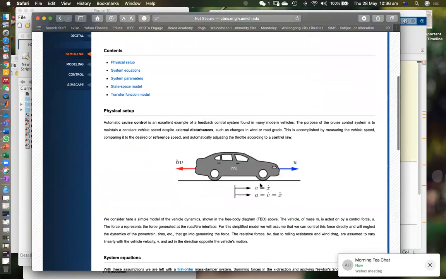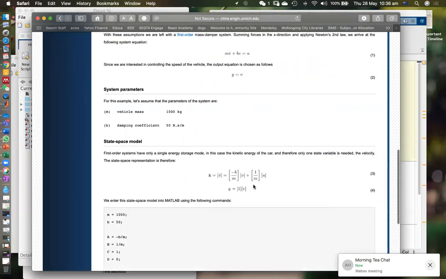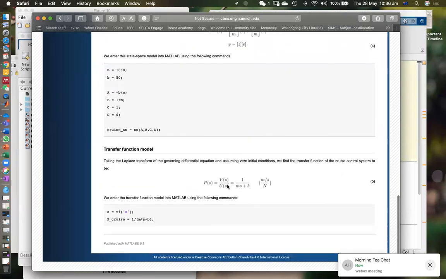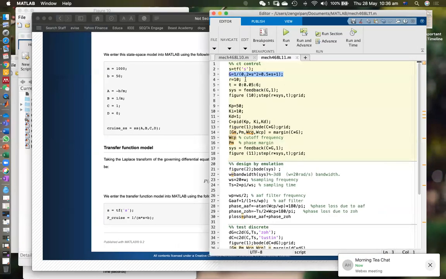That's what I used in the example, I think. For example, if we are using a spring damper function, we construct a transfer function. For this case, this is our model. That's our G, our plant.